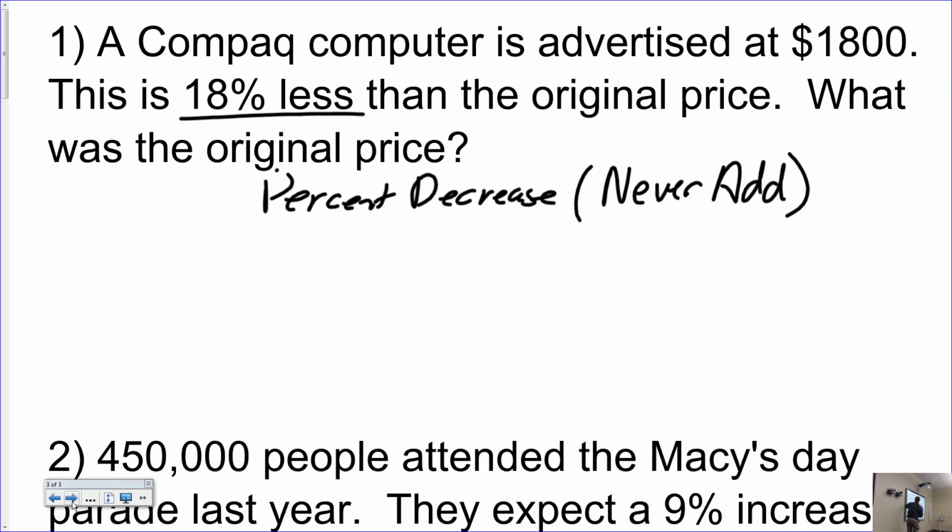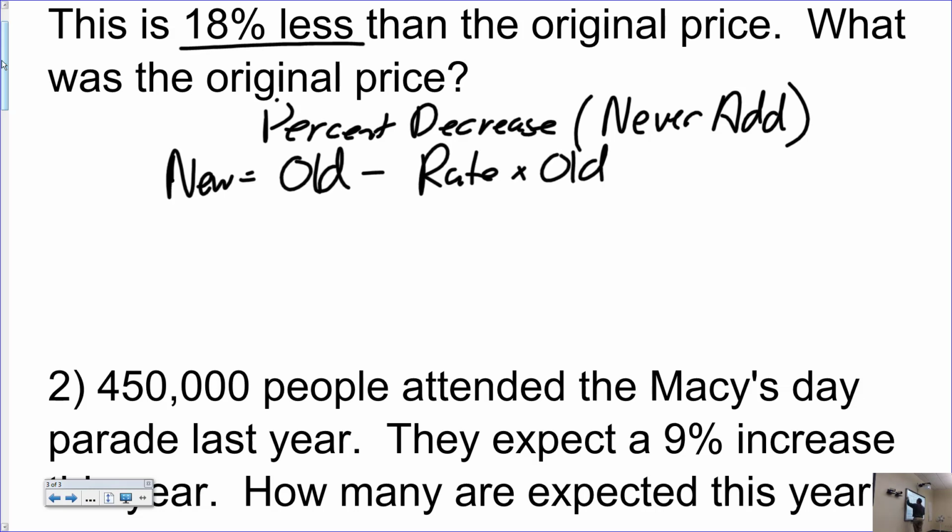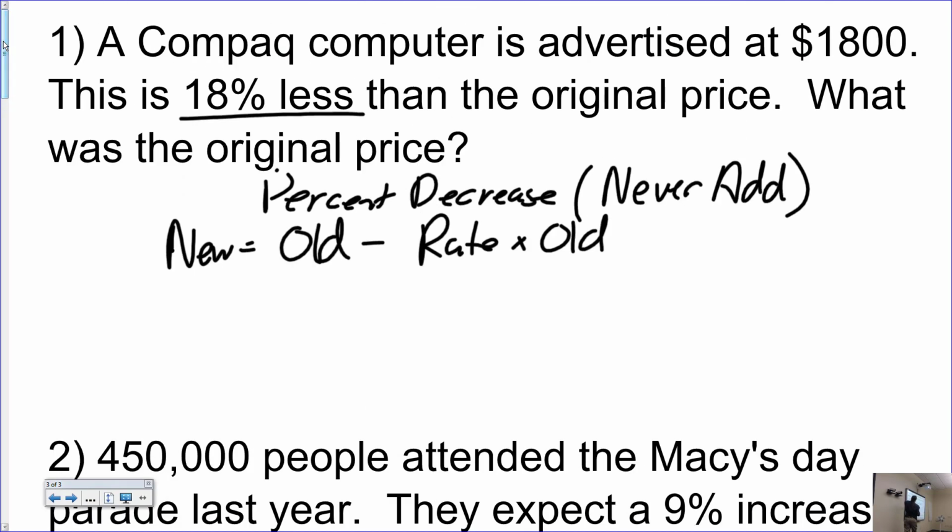So, again, what I like to do, just because I like to practice algebra, is to say this is new equals old minus rate times old. And what did I give you in this problem? New and rate, right?